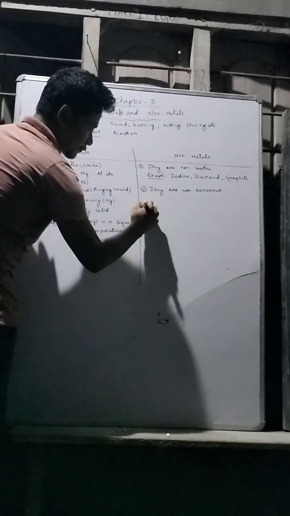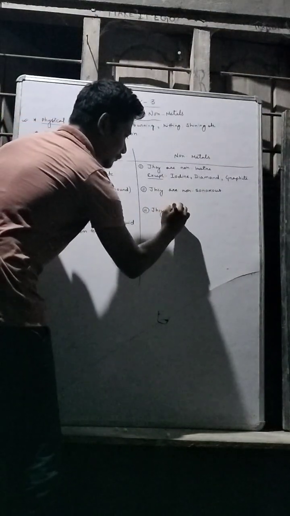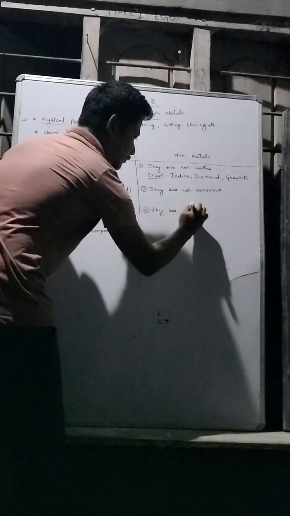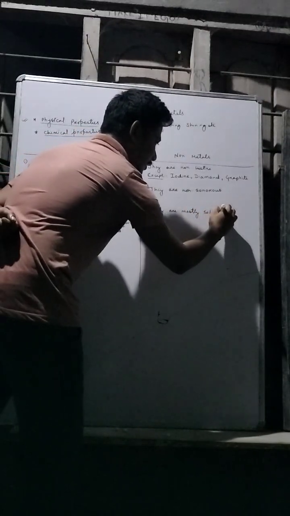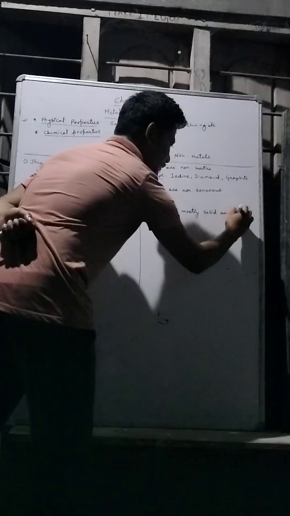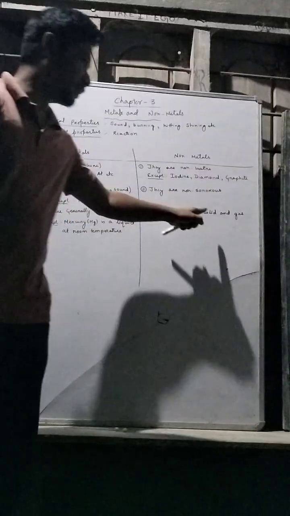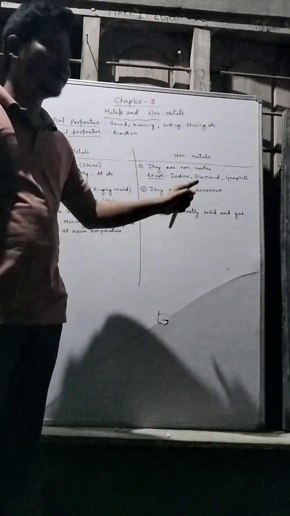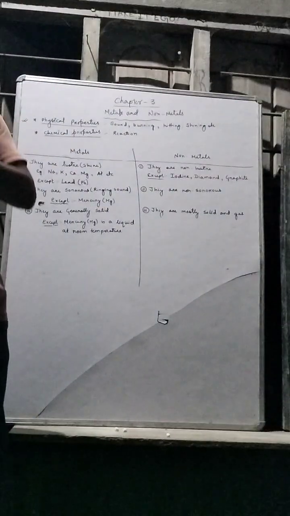In case of non-metals, they are mostly solid and gas. So for the solid, we can see carbon. Okay, carbon is a solid.